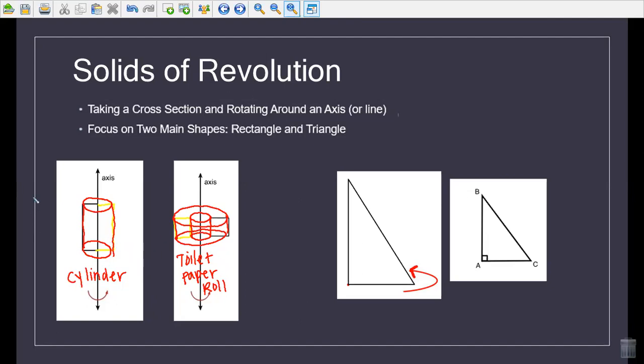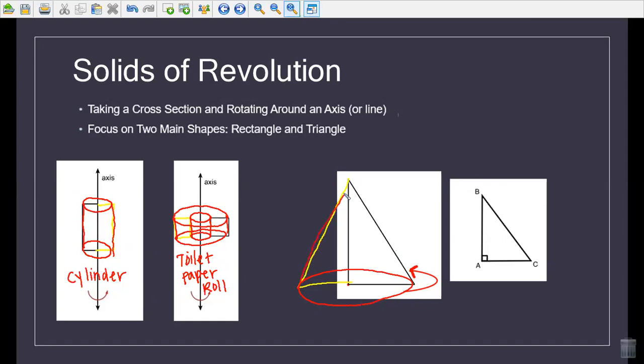Or I could rotate a triangle. So this triangle, I'm going to rotate around this side here. The first thing we're going to do is reflect it over, and then we'll draw our curves in there. Everything we rotate is going to be circular in some way because we're rotating it, and that's a circular motion.